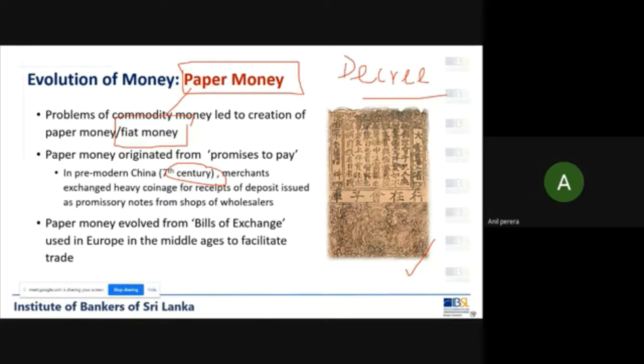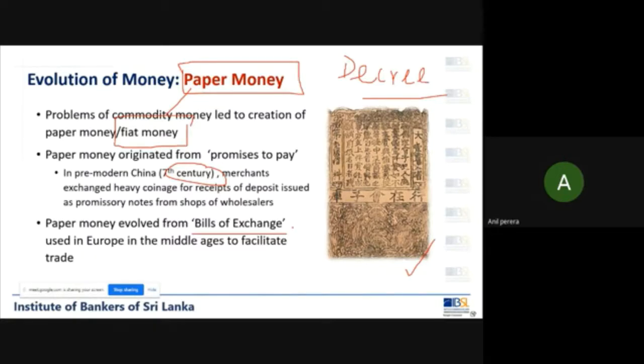I think you are aware, if you read history, during these Middle Ages, a lot of innovations, good things, developments happened. So during that period, the idea of bills of exchange came into use.